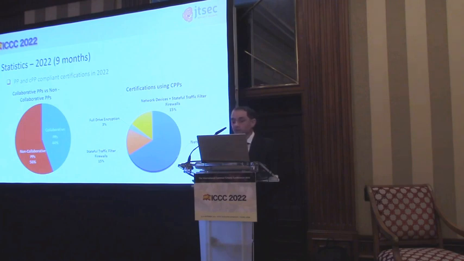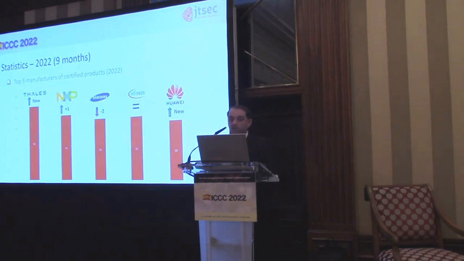This statistic continues year after year, and the second one is the stateful traffic filter firewall CPP with 15%, tied with the combination of the stateful traffic filter firewall CPP and network devices CPP. And with 3% of the market this year, we have the full drive encryption CPP.